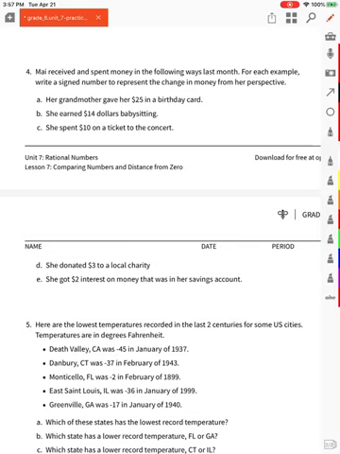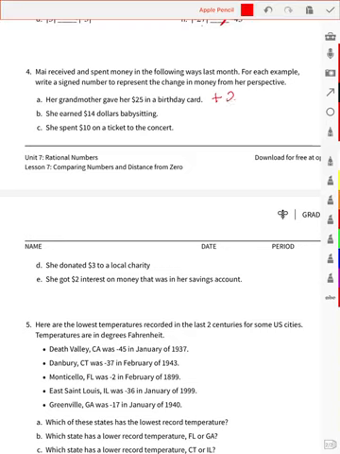All right, for number 4, it says, Mai received and spent money in the following ways last month. For each example, write a signed number to represent the change in money from her perspective. So her mother gave her $25 in a birthday card. When they say a signed number, they're saying positive or negative. She got $25, so that's a positive 25.